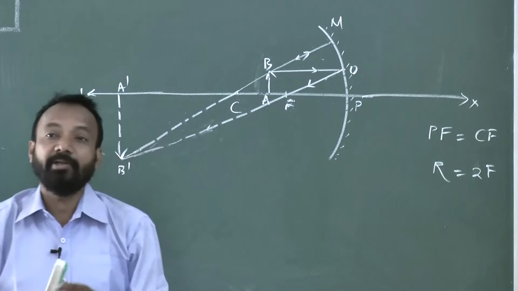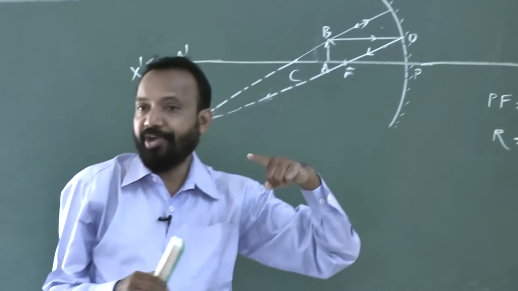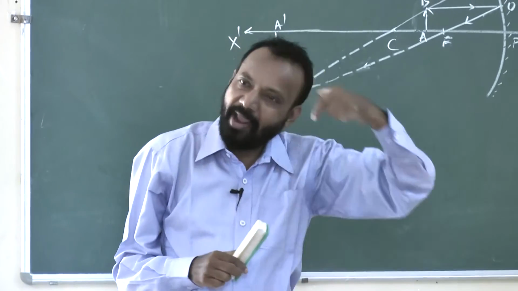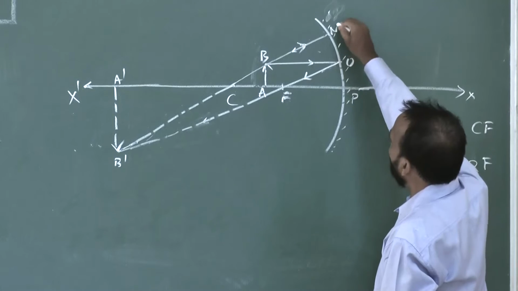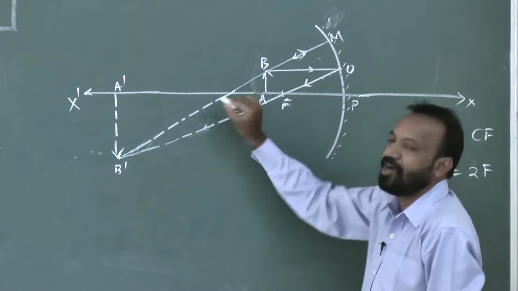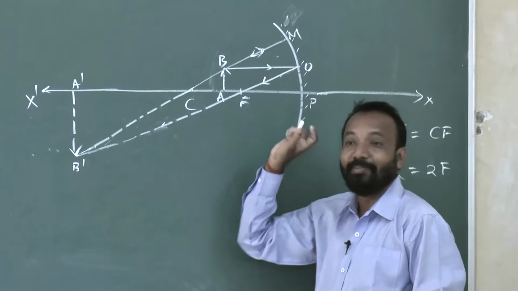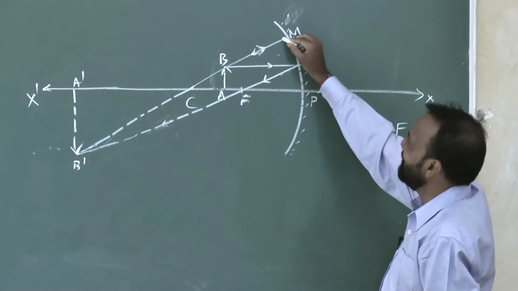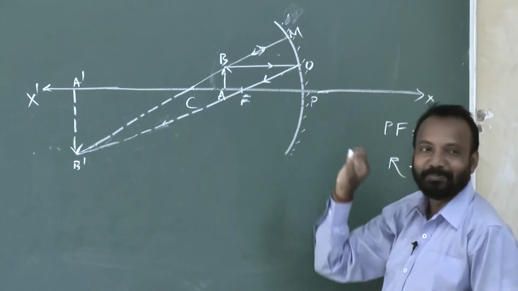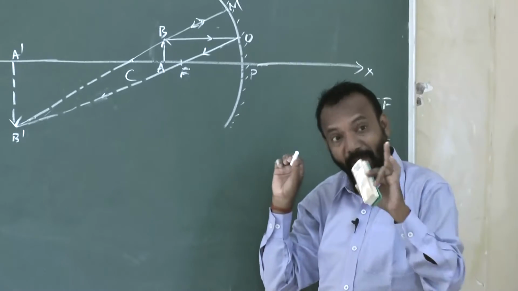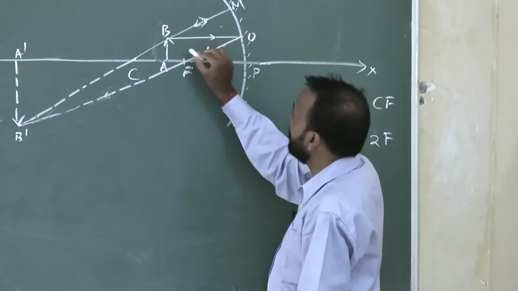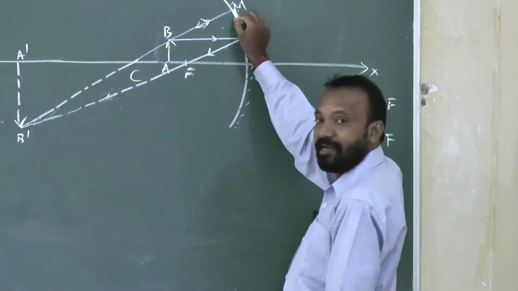Once again you should remember, if a ray is falling on the mirror and returning back along the same path, it means the ray of light is falling on the mirror perpendicularly. Then it will trace back into the same path.